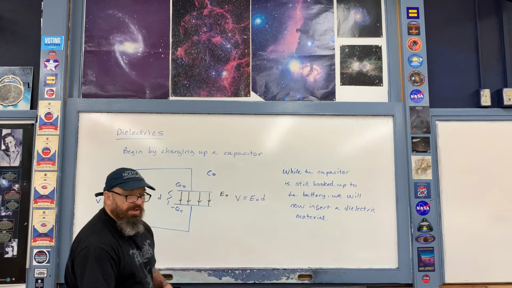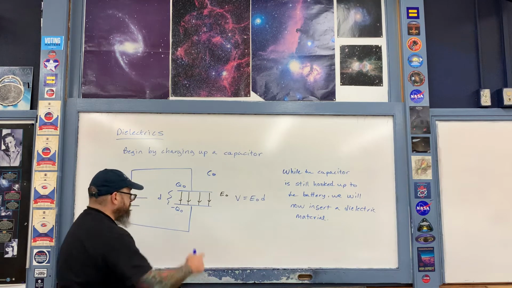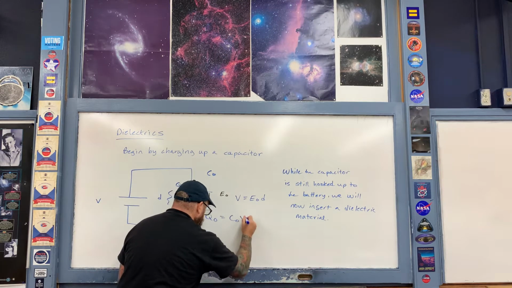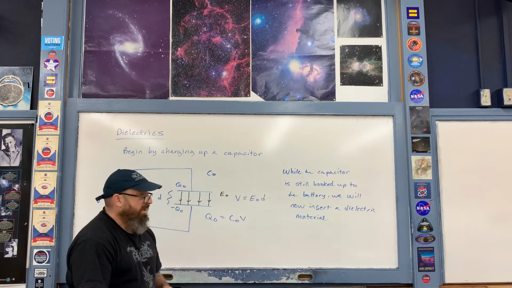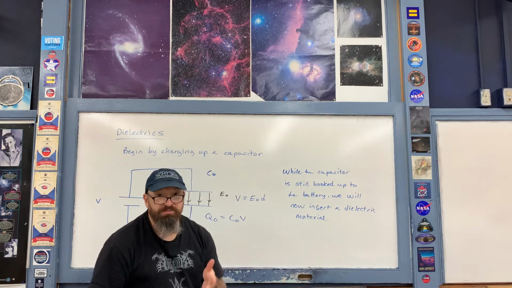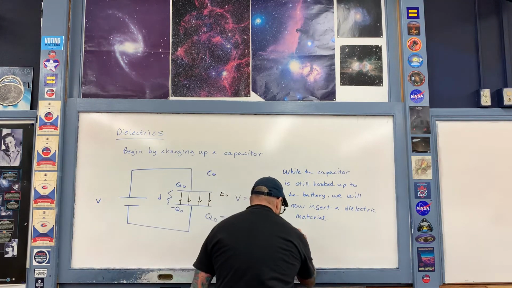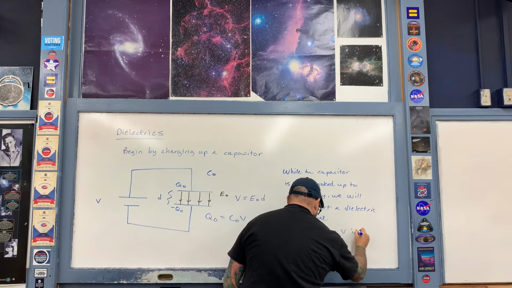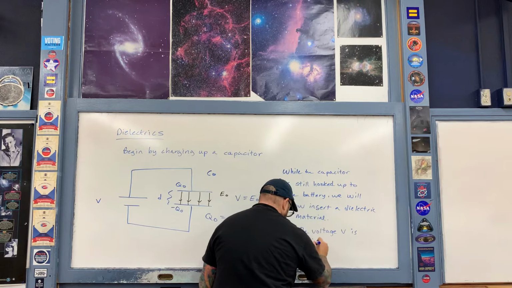Before we do, however, let's also write down the following relationship. The charge Q0 here is equal to the capacitance C0 multiplied by the voltage V. Okay, now while the capacitor is still hooked up to the battery, this means that the voltage V is maintained. So therefore, the voltage V is maintained.